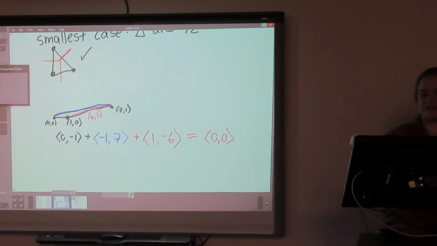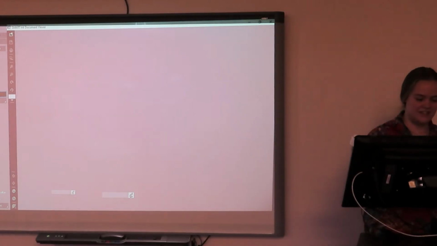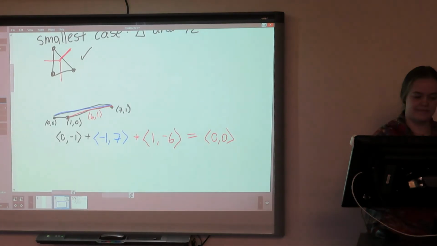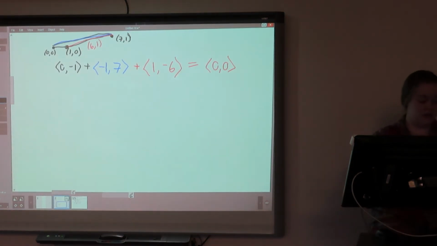So in order to do this for a general area 1/2 triangle, we have to make a triangle that is area 1/2. Oh no. General triangle.